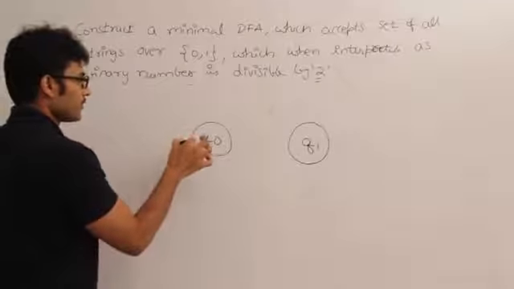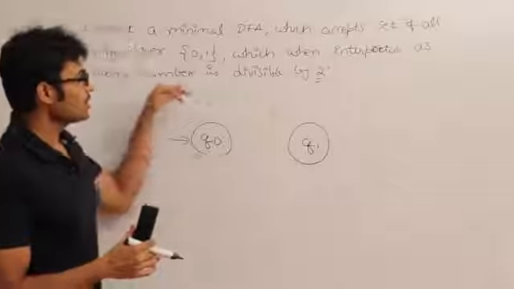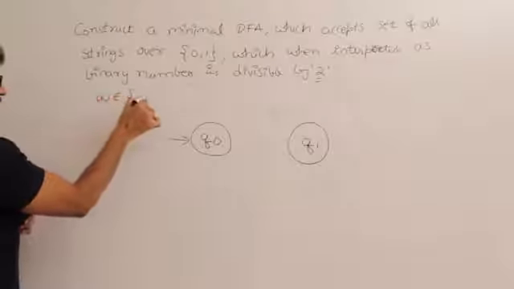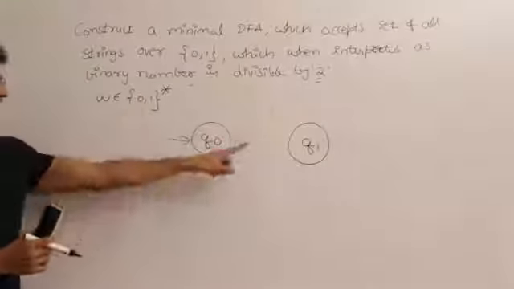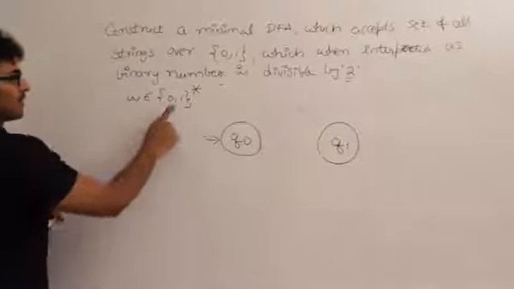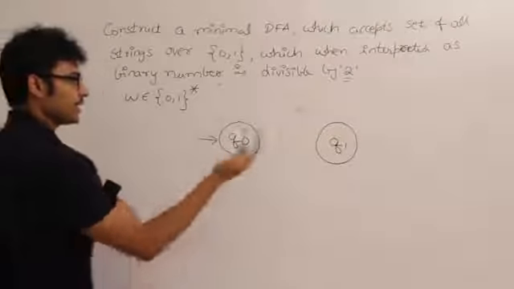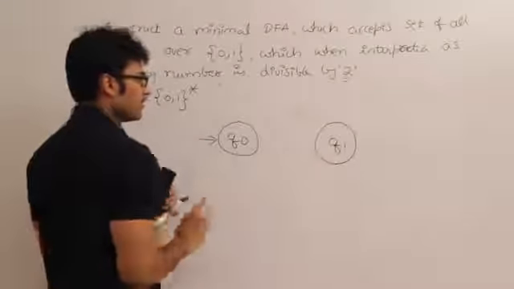Now let us start with this. So this is the basic way. I can classify all the binary numbers into 2 classes. One is when divided by 2, they generate 0 as the remainder, and the other class is when divided by 2, they generate 1 as the remainder.